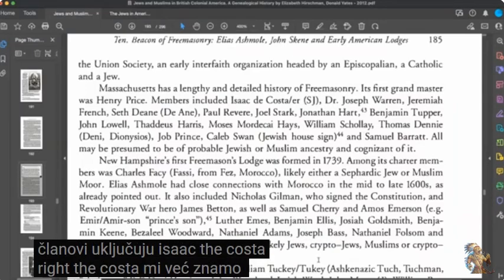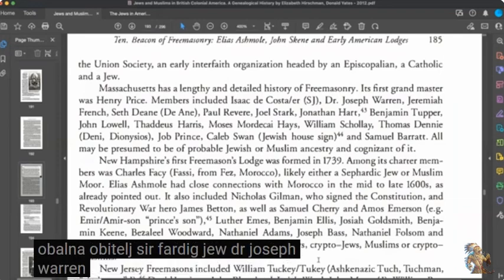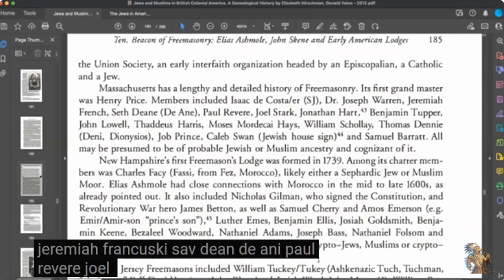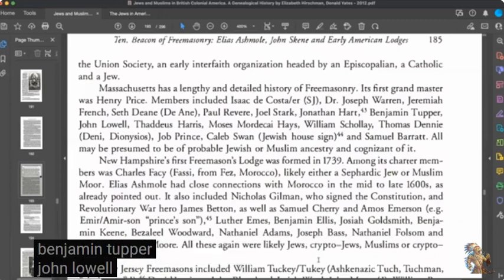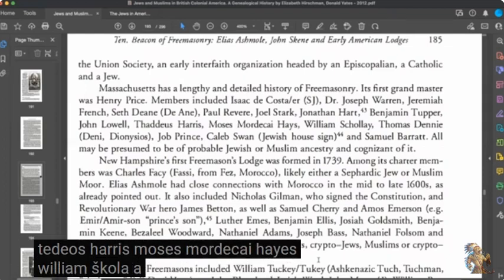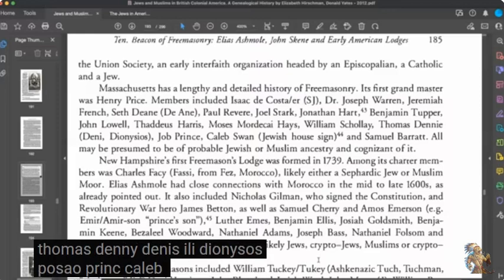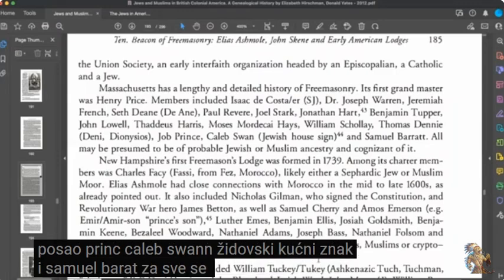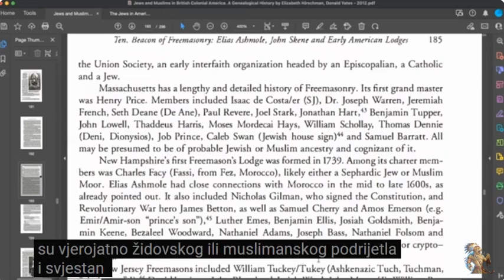De Costa, we already know the Costa family, Sephardic Jew, Dr. Joseph Warren, Jeremiah French, Seth Dean, Paul Revere, Joel Stark, Jonathan Hart, Benjamin Tupper, John Lowell, Thaddeus Harris, Moses Mordecai Hayes, William Schooley, Thomas Denny, Job Prince, Caleb Swan, and Samuel Barat. All may be presumed to be of probable Jewish or Muslim ancestry and cognizant of it.